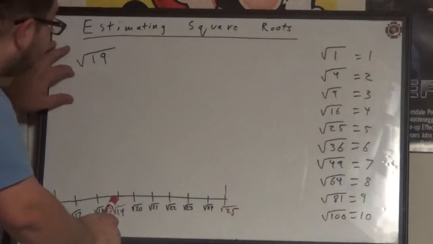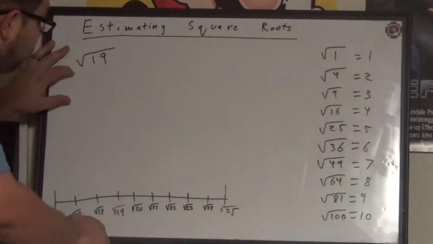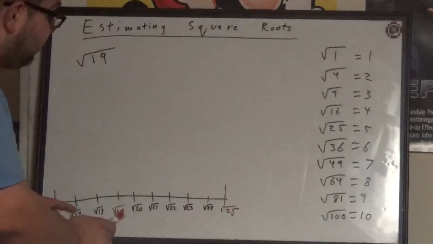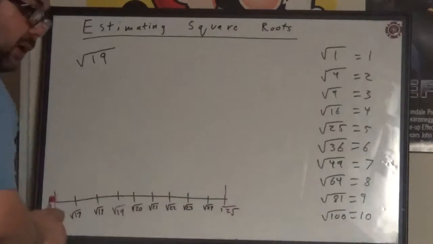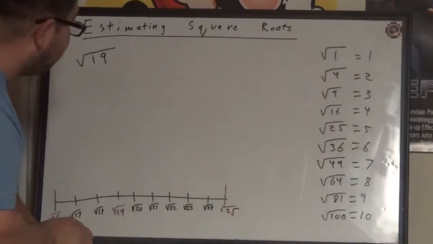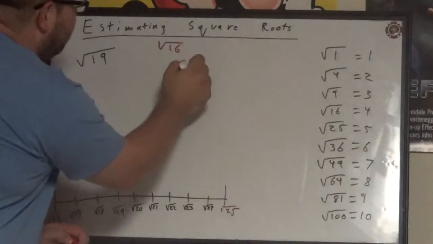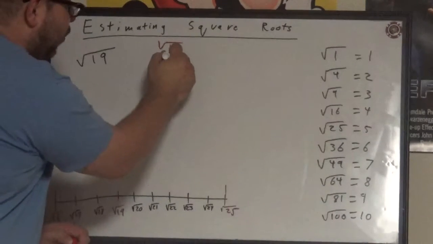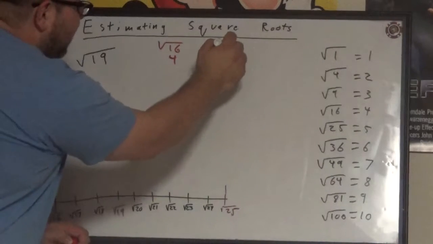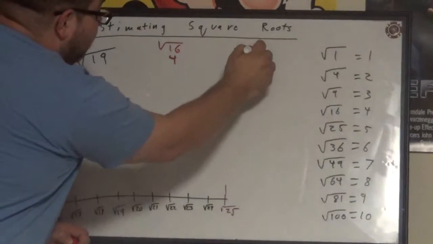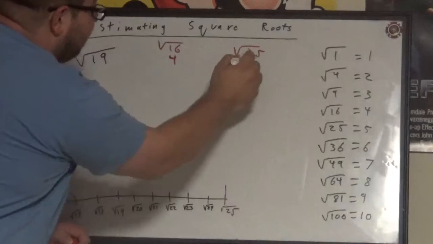So we have the square root of 19, and I've already written the two closest numbers, which are the square root of 16, which equals 4, and the square root of 25, which of course equals 5.